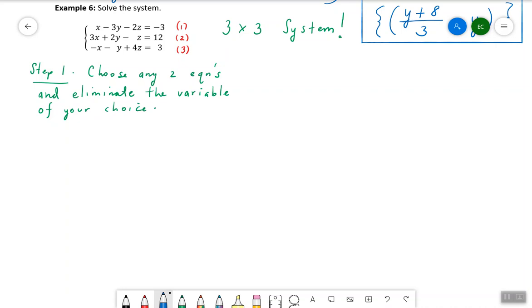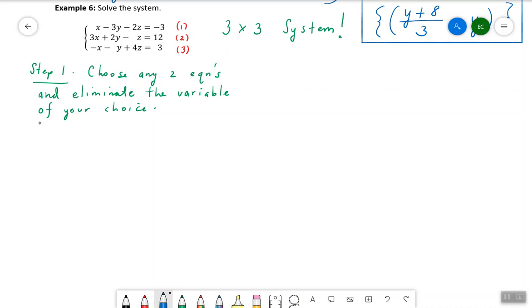You might be able to save a little work if you choose carefully, but at the end, as long as you're careful and you follow all the steps, you'll get the same answer. I see that in equation 1, the coefficient on x is 1, and in equation 3, the coefficient is negative 1. And so if I just add equation 1 and 3 together right now, then I can eliminate x in one step.